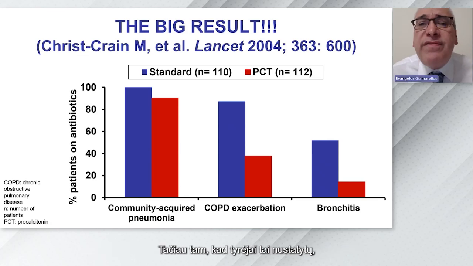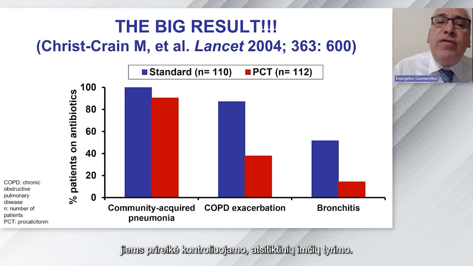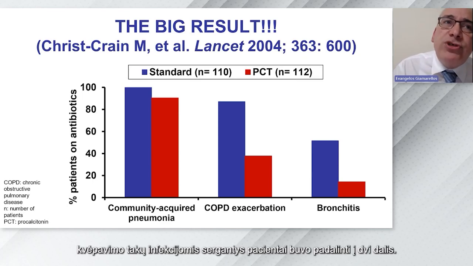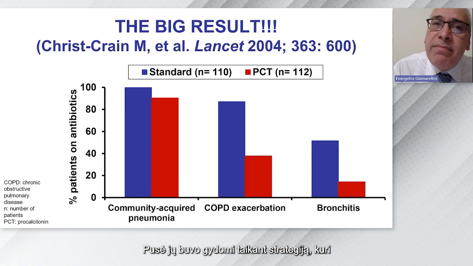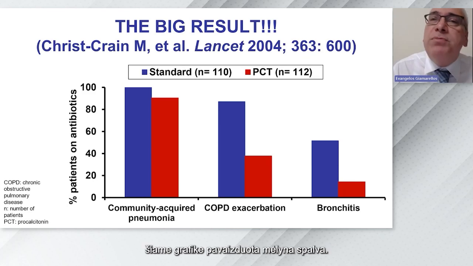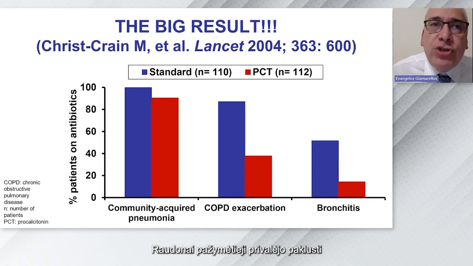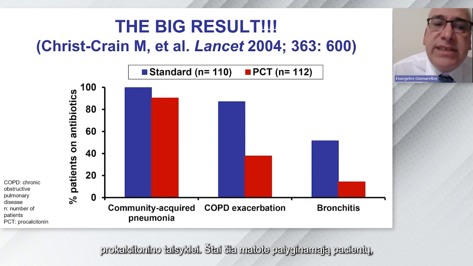But in order for the investigators to establish that, they needed a randomized controlled trial. In other terms, patients with respiratory tract infections were arriving at the emergency department and they were split into two. Half of them were treated with a strategy represented in this graph as blue, in other terms, receiving antibiotics as usual, whereas the others were obliged to obey the rule of procalcitonin.